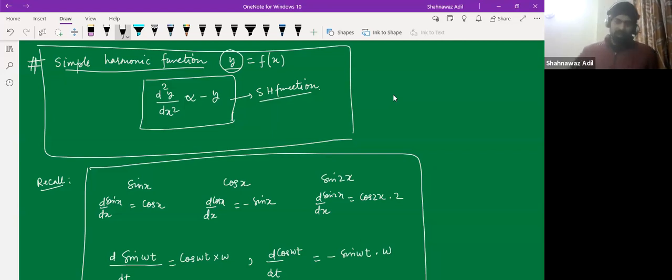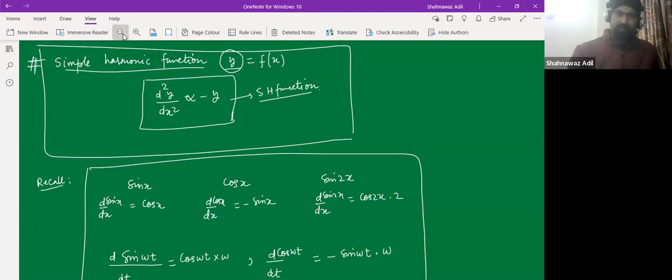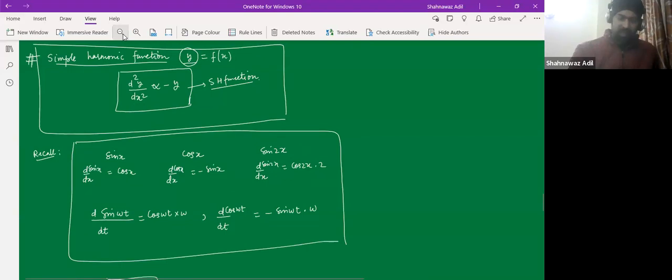Whenever you guys want me to scroll down, please tell me. And remember, these things are very important, because in our subsequent theory, we will use the function of time.